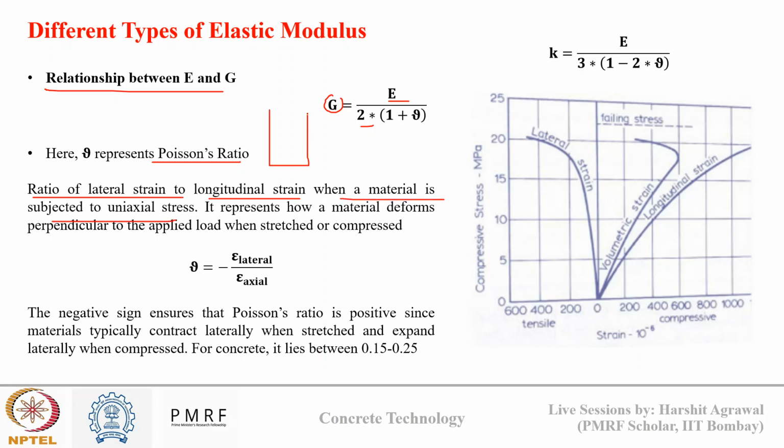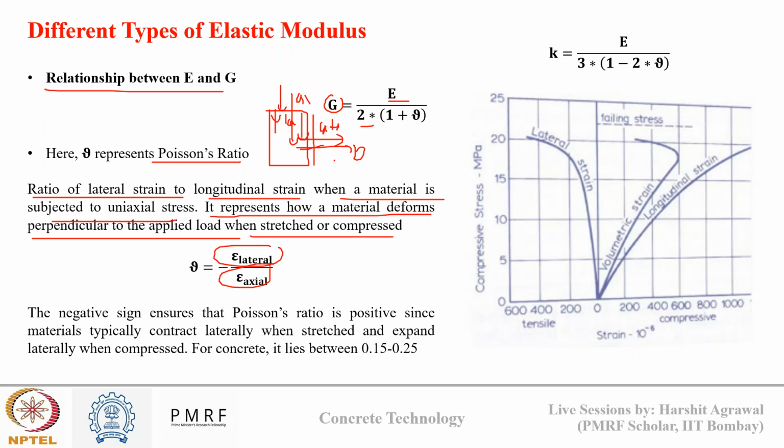So suppose this is my concrete. In this direction I have longitudinal strain, and in this direction I have lateral strain. The ratio of the strain in this direction to the strain in this direction is known as Poisson's ratio. It represents how a material deforms perpendicularly to applied stress when stretched or compressed. So lateral upon axial; this is longitudinal, or we can say axial, and this is lateral.